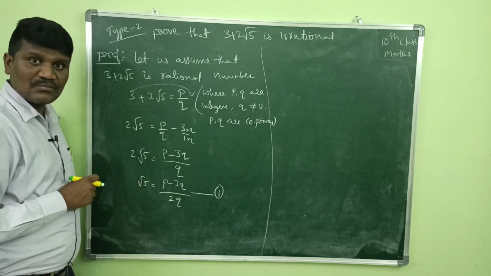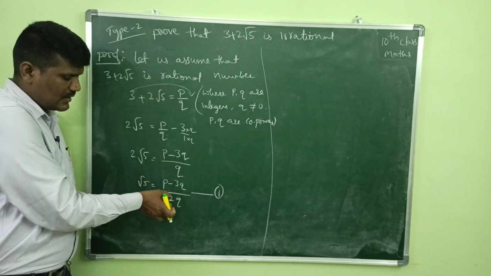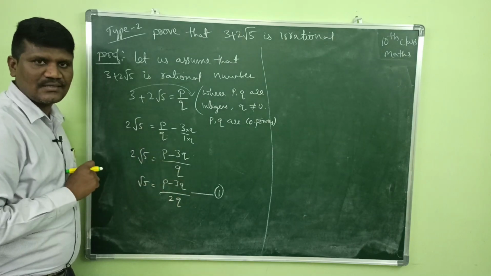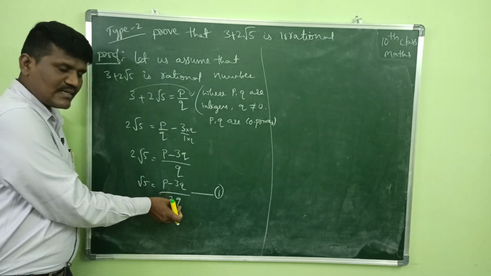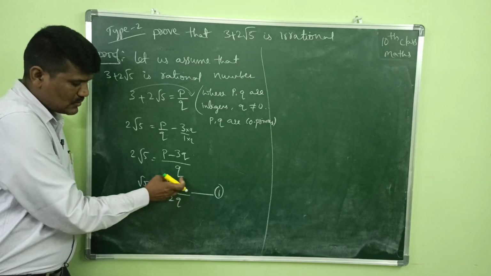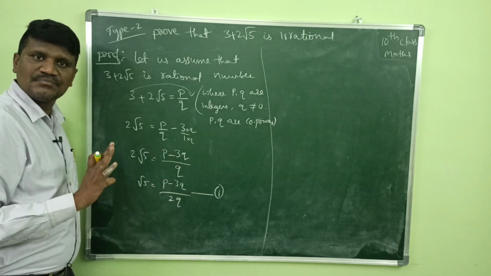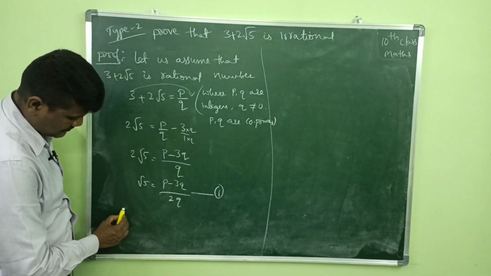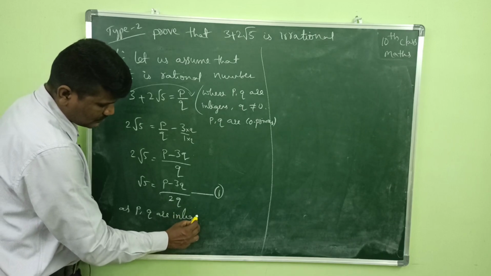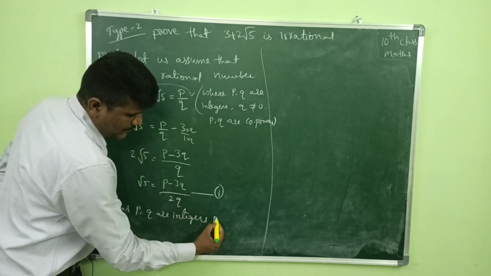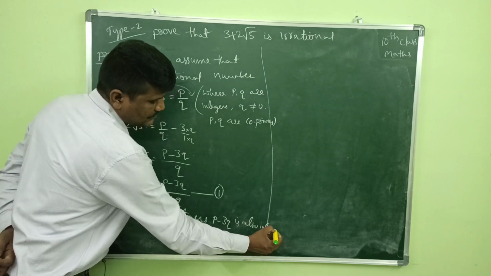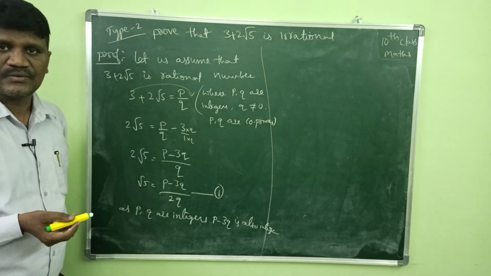So after getting equation number 1, we should prove numerator and denominator both are integers. So if p and q are integers, p minus 3q is also an integer, and q is an integer, 2q is also an integer. So numerator is integer, denominator is integer. So total this RHS is integer. Okay, now let us write that as p comma q are integers, p minus 3q is also an integer.